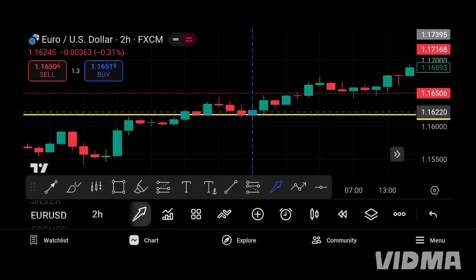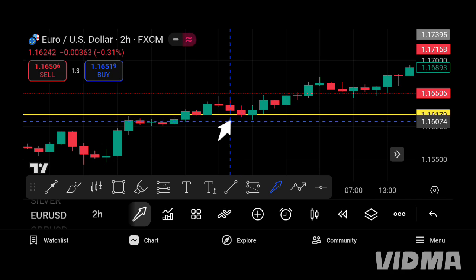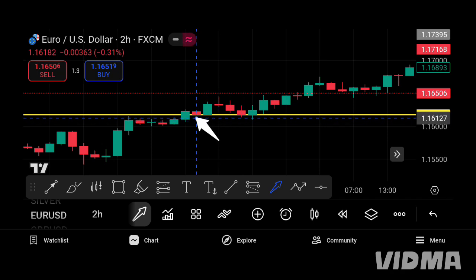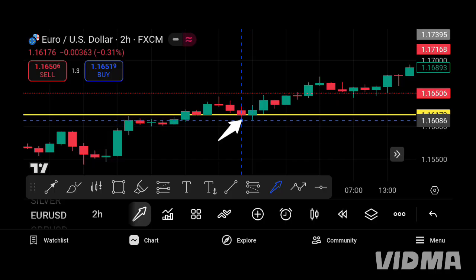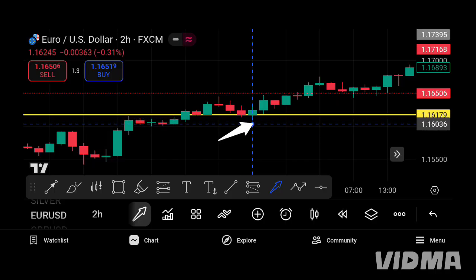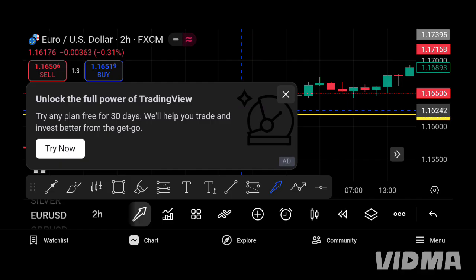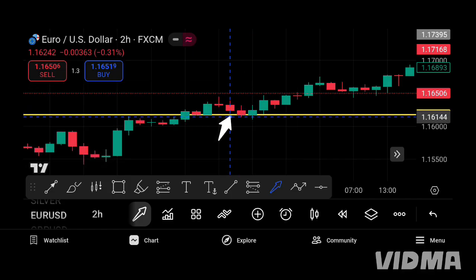It swept liquidity below this red candle, below our demand zone, and it closed above this yellow line.